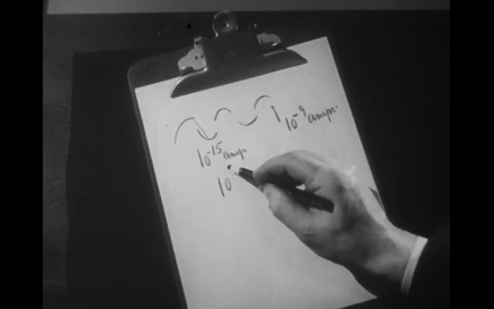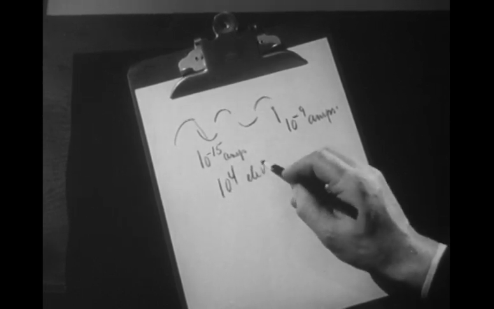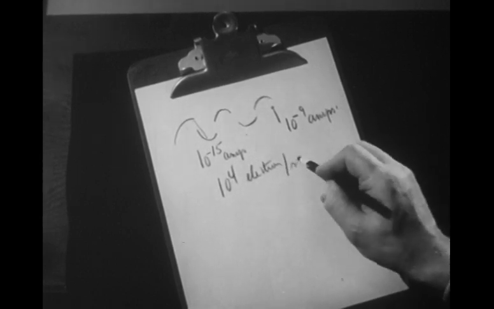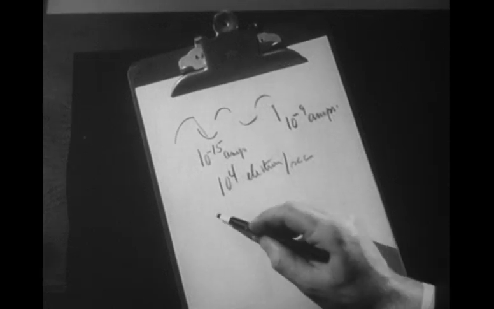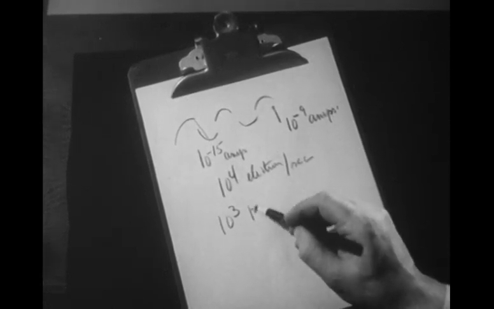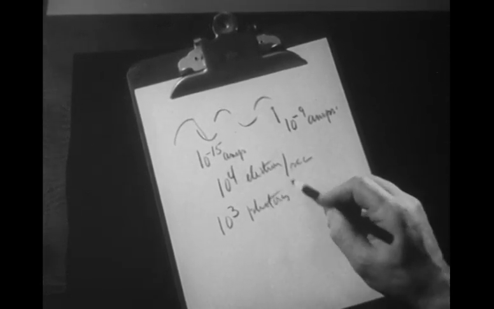That's 10,000 electrons per second. Not every photon that strikes the photomultiplier produces an electron. Some get lost. On the average, only 1 out of every 1,000 photons succeeds in producing an electron. That is 10 to the 3 photons per electron.